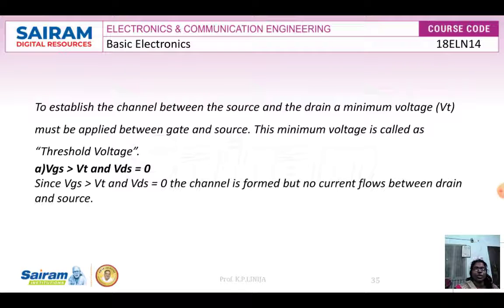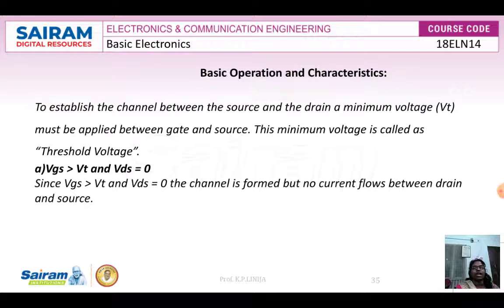That region is called the inversion region. But we must keep in mind that even though the channel is formed, no current flows until the drain source voltage is applied. That is very important.